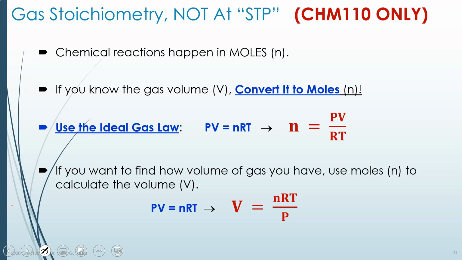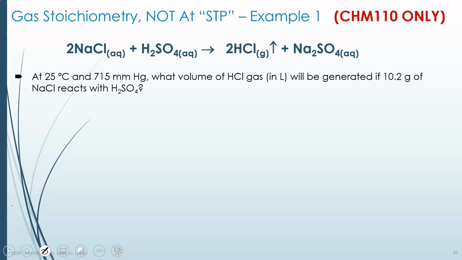But if you're at non-STP, you still need to know the temperature and pressure. So let's look at some actual stoichiometry problems. In this first example, we're going to use the same chemical formula we used when we were looking at STP, but different conditions this time. So we have this reaction, 2 NaCl plus sulfuric acid produce 2 hydrogen chloride gas units plus a sodium sulfate.